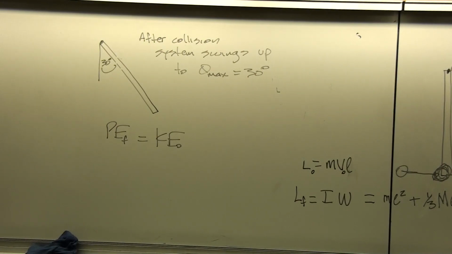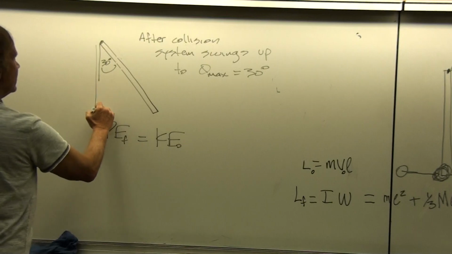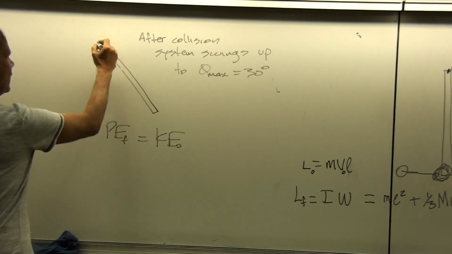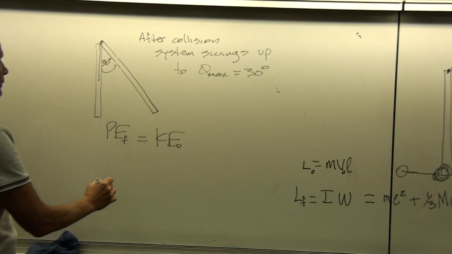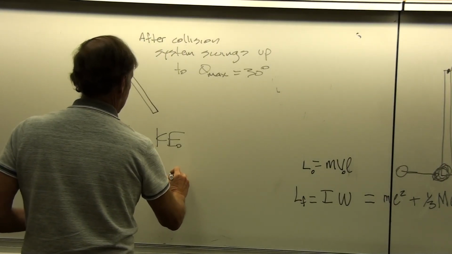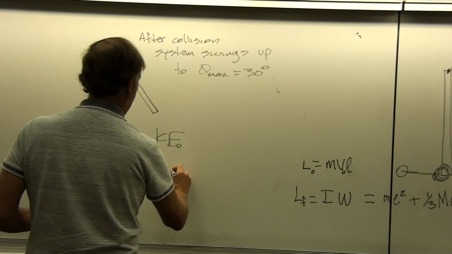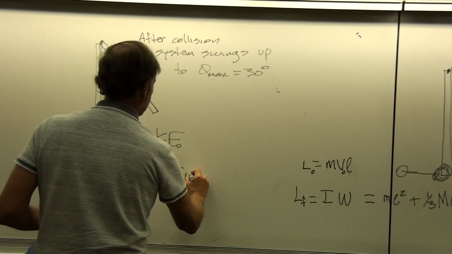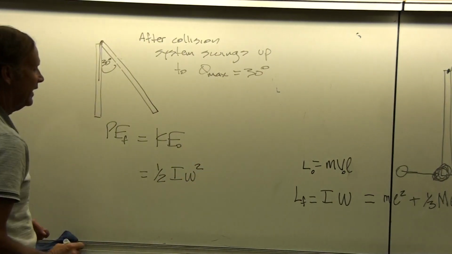This is just conservation of energy for this problem, where the initial kinetic energy is the kinetic energy of rotation just before the collision. So that would be 1/2 I times omega squared.